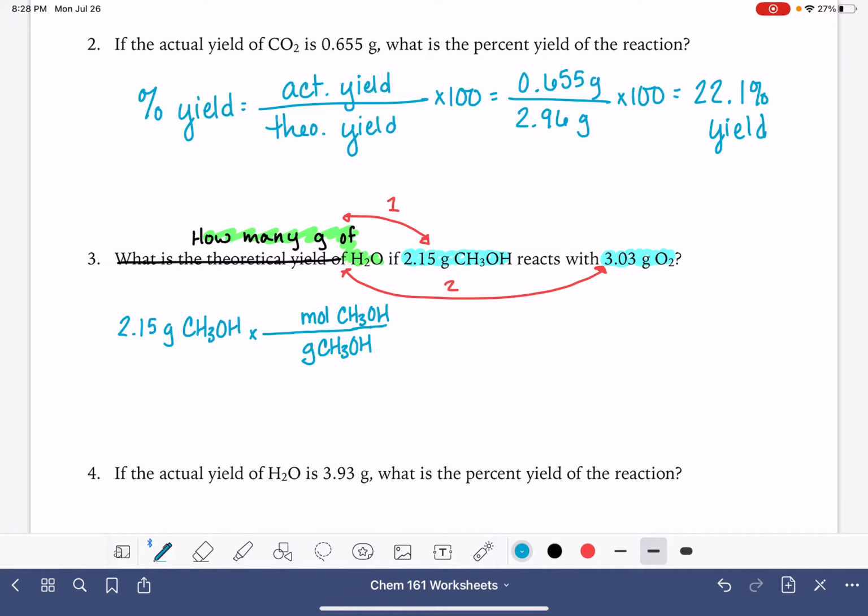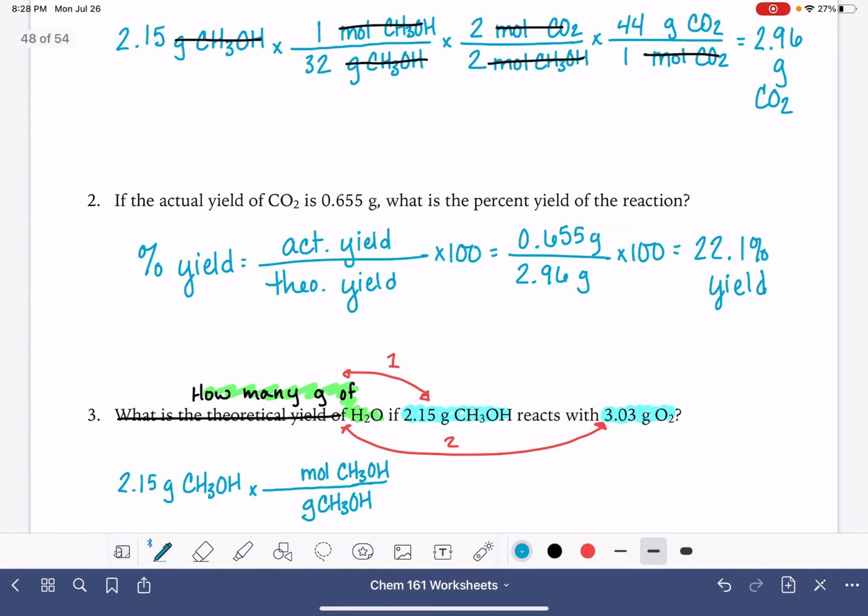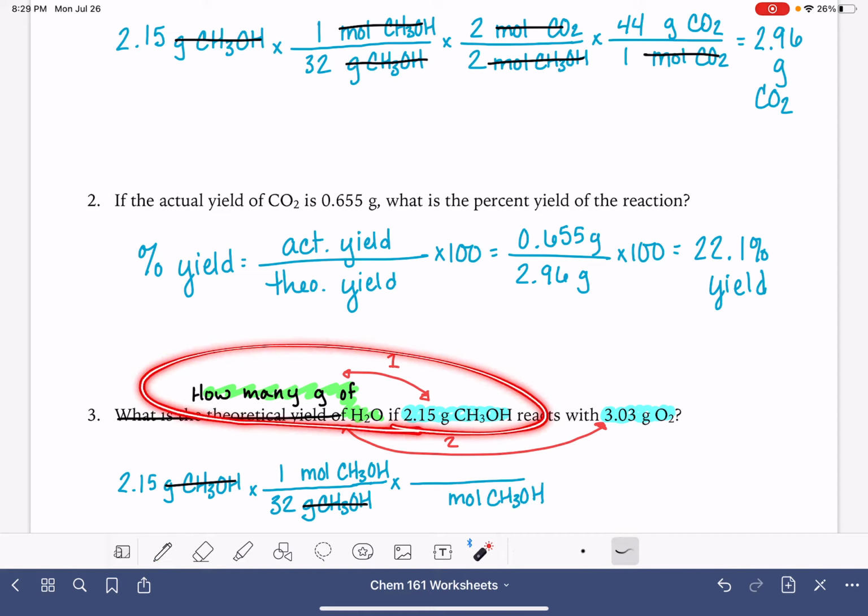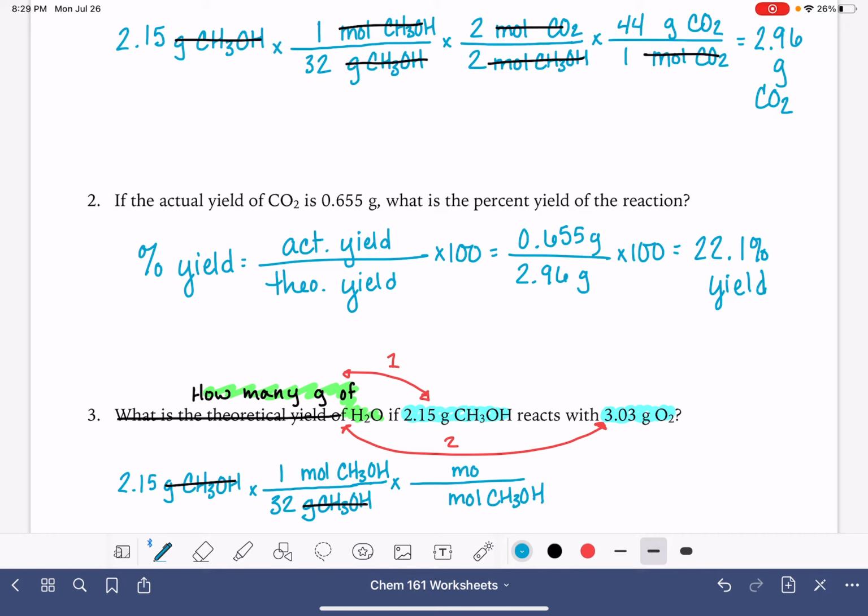And we've done this before, so let's go up here to get that conversion factor, 32 grams per mole, so we don't have to redo that part. And then our next step, we want to convert out of the units of moles of CH3OH. Remember, we're just focusing on this part of the problem right now. We want to convert into moles of H2O because we're trying to figure out the H2O.